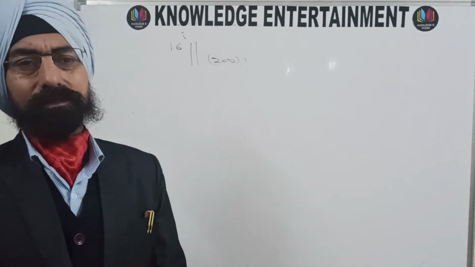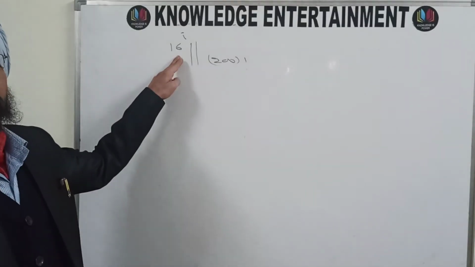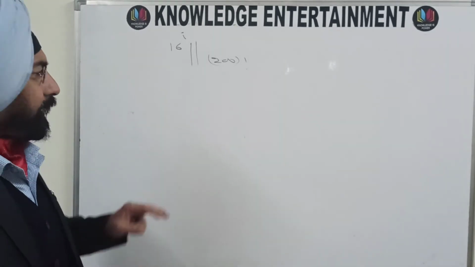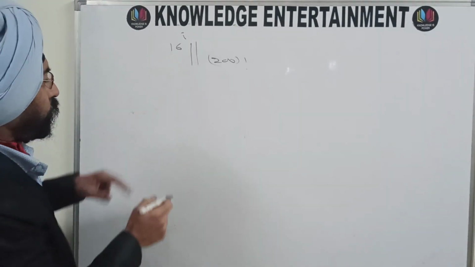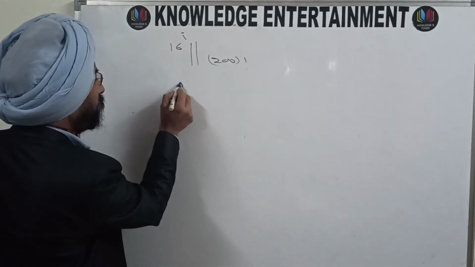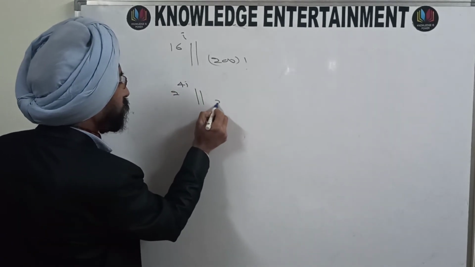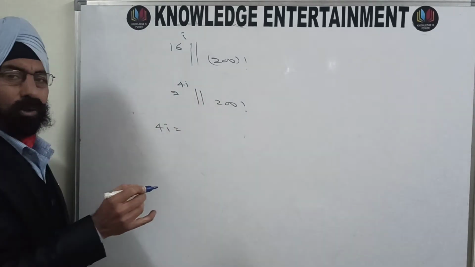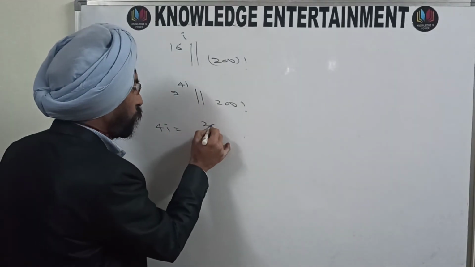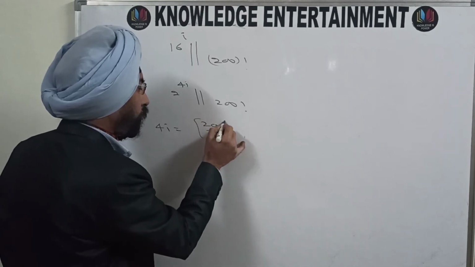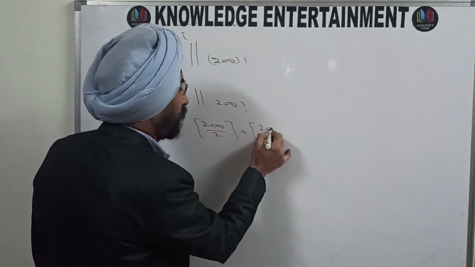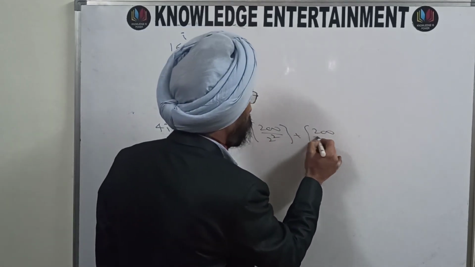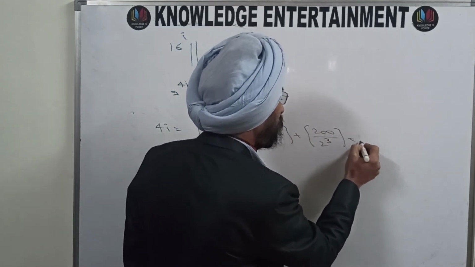So better if you break this 16 into some prime number. If it is some power of prime, then it is better. So it is 2 power 4. So you write it as 2 power 4i max divides 200 factorial. And now this 4i is equal to 200 upon 2 box plus 200 upon 2 square box plus 200 upon 2 cube box plus and so on.